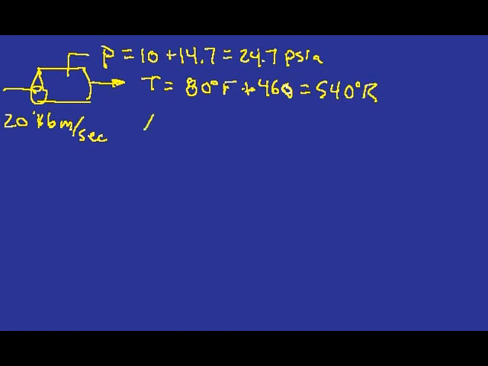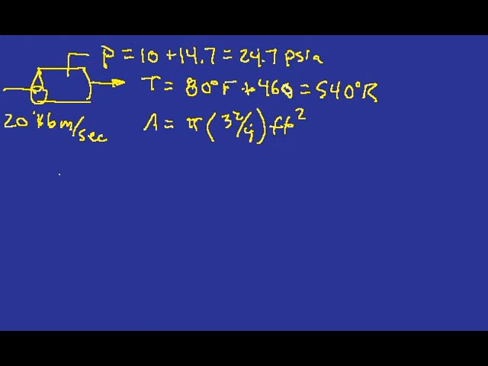Our cross-sectional area is equal to pi d squared over 4, so that's 3 squared over 4 feet squared. And then we're going to use the ideal gas equation.